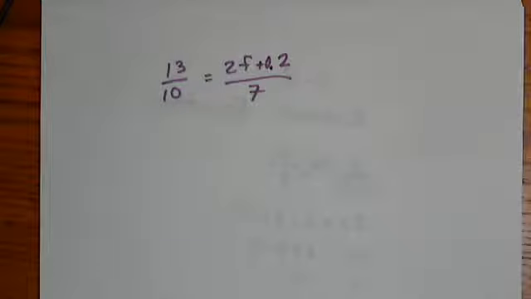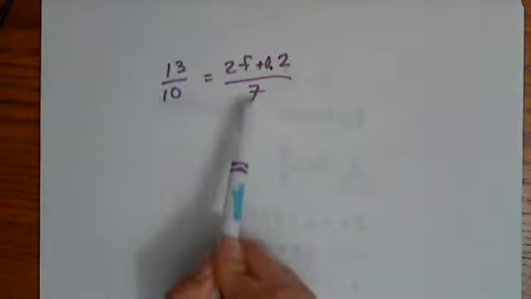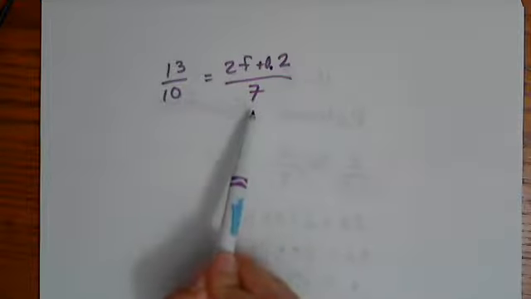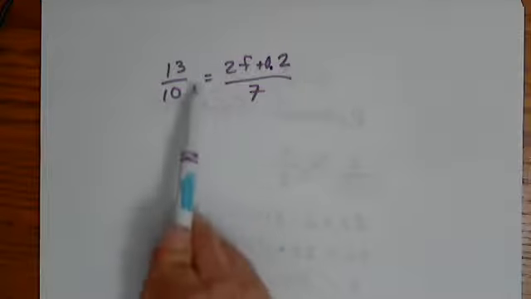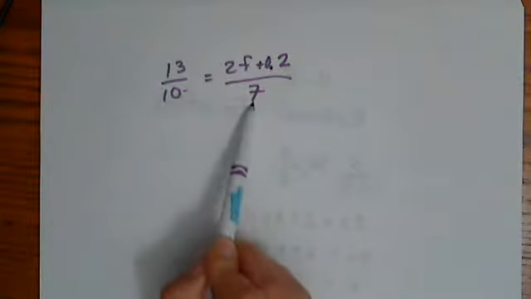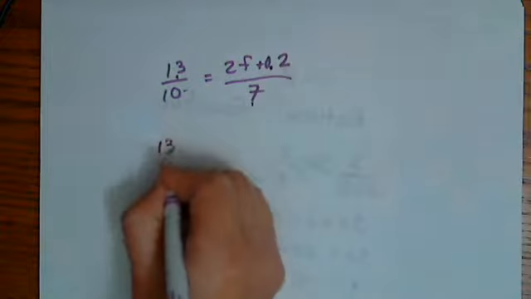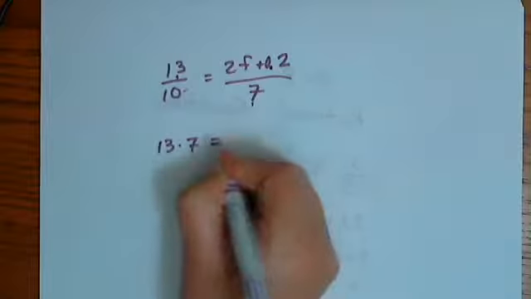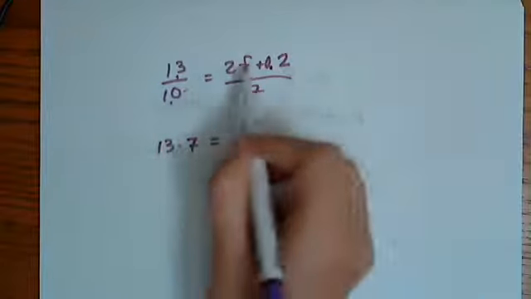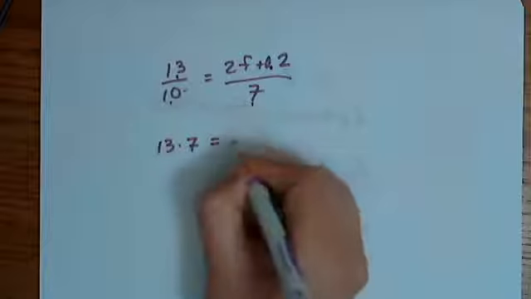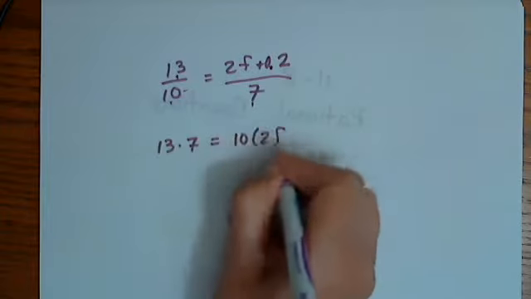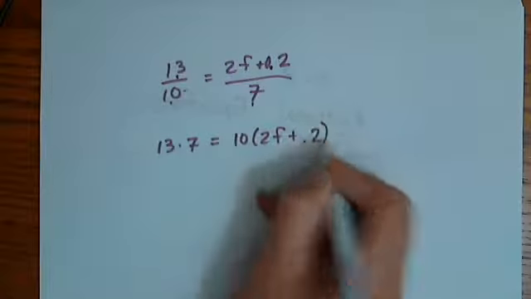Okay, here we are ready to go. Since we have two fractions, two rational expressions, all we need to do is cross multiply across the equal sign. So this denominator is going to be multiplied by the other numerator, 13 times 7. And this denominator is going to be multiplied by that numerator. So that's going to be 10 times 2f plus 0.2.